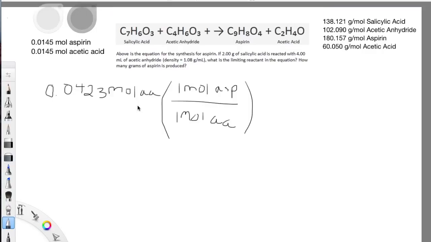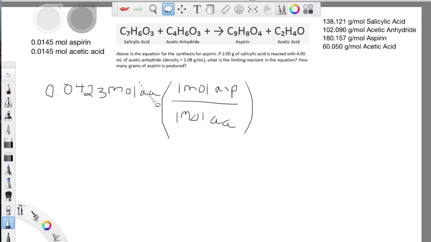Conversion factor now to find out how many moles of aspirin we can produce from 0.0423 moles of acetic anhydride. So as you can see, for every 1 mole of acetic anhydride, we get 1 mole of aspirin, which is where this conversion factor comes from. Remember, we have acetic anhydride in the denominator of the conversion factor, so we can just cross them out and cancel them. And then we end up with 0.0423 moles of aspirin.